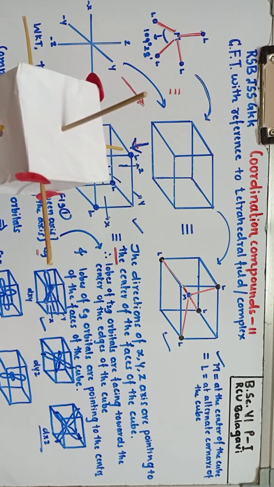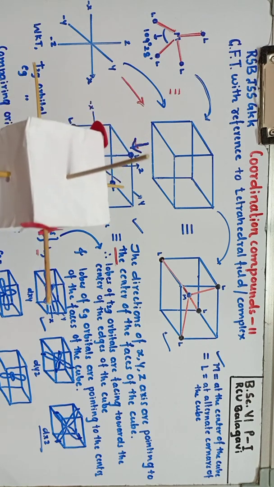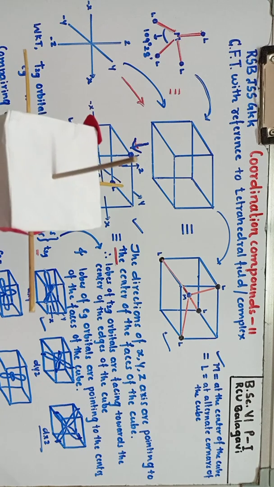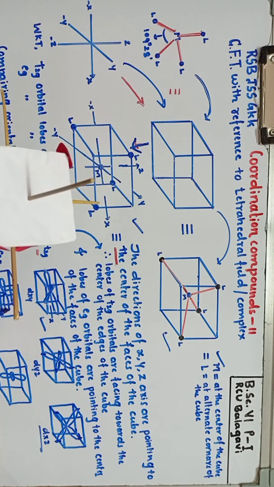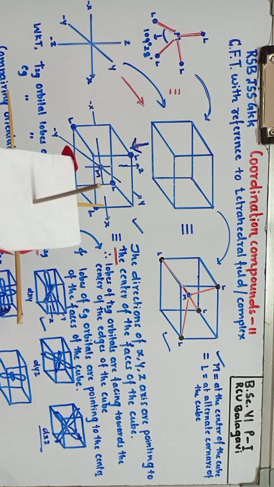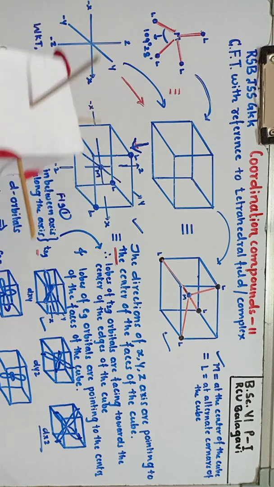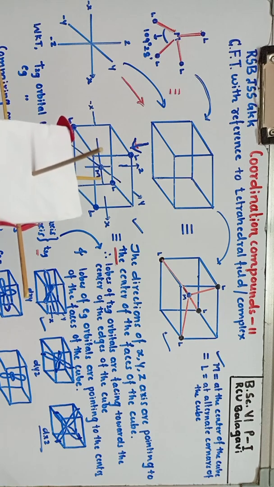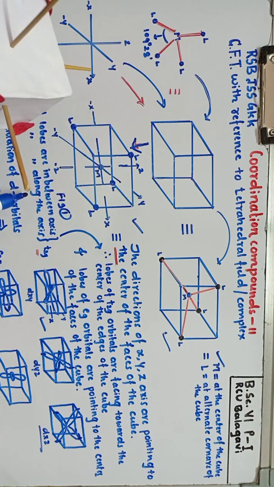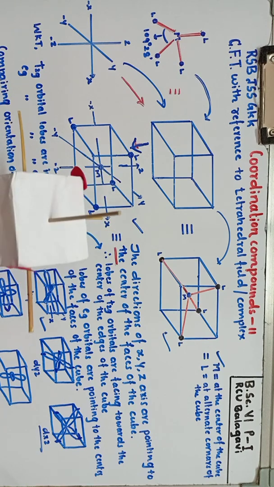Eg orbitals are dx2-y2 and dz2. If you consider the first one, dx2-y2 orbital, how are the lobes looking in the simple cube? They are exactly coming to the center of the face of the cube, because the x, y, z axes are exactly passing through the center of the face of the cube. So therefore, Eg orbital lobes will also come along the axis.